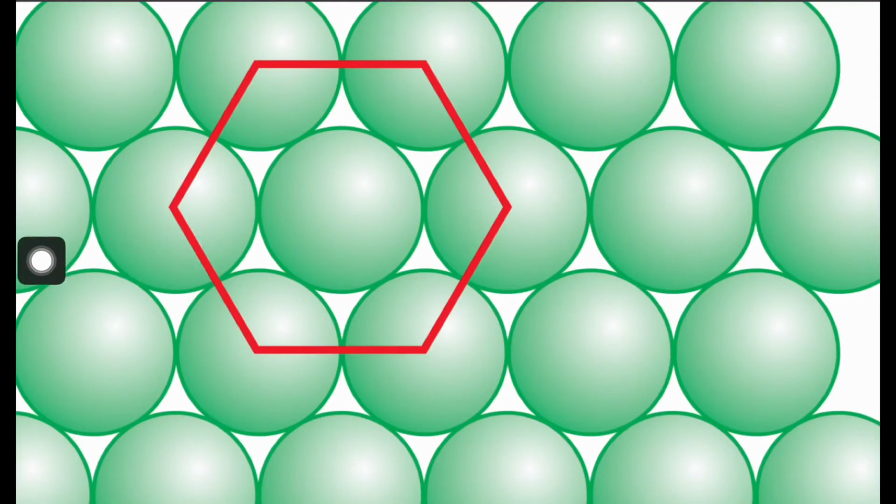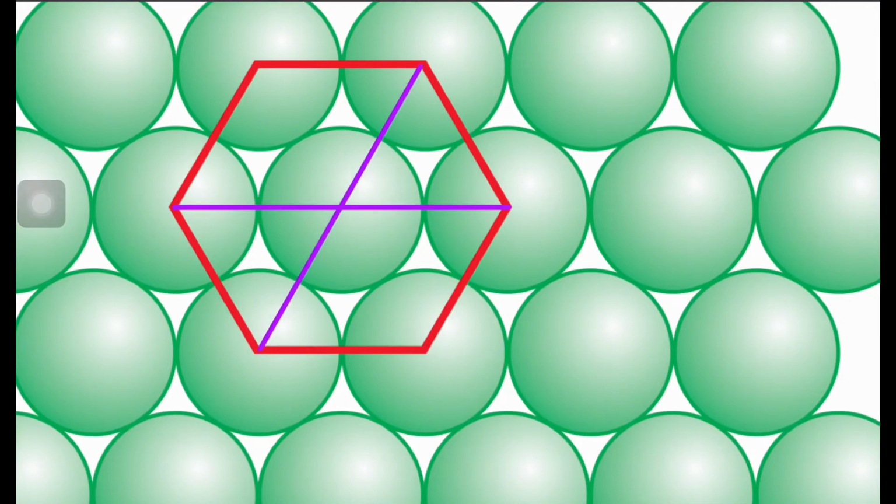If you try to join the opposite corners, we get 6 equilateral triangles. If you see this triangle, this is R and this is R, this is R, this is R, so the side is 2R.